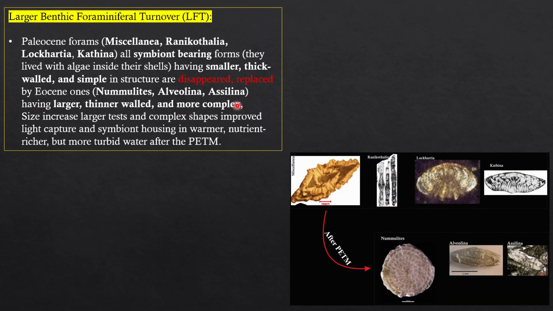And in these, people have studied the larger benthic foraminifera, and they see that these disappear and change into Eocene larger benthic foraminifera, and they increase their size because the temperature is now good. So that's why these are very large in size, and also have a complex structure, because a very nutrient rich environment is now stable after the PETM.